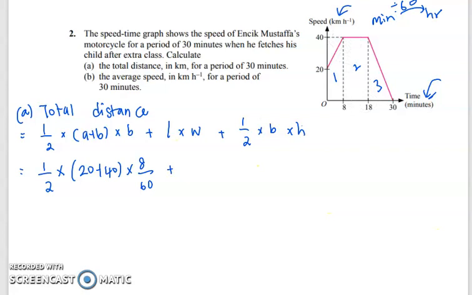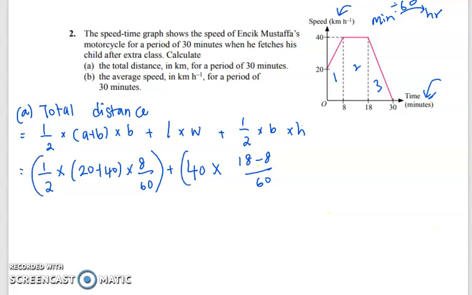And then for the second shape, which is the rectangle, so it is length times width. So length here is 40 times width is 18 minus 8, which is 10, and since this is minute, we need to change to hour. So 18 minus 8 over 60.